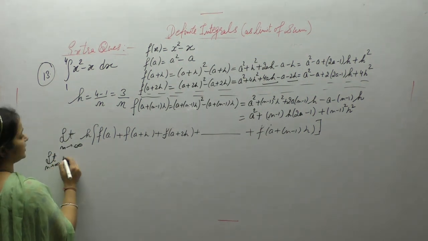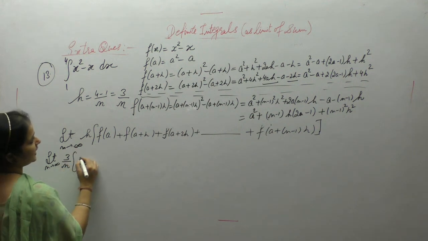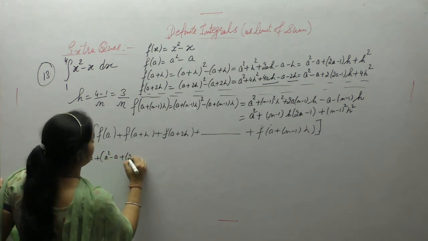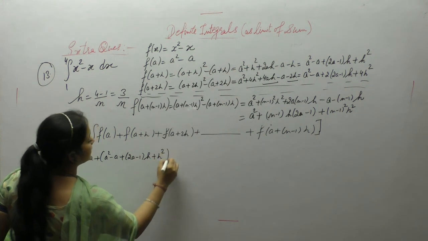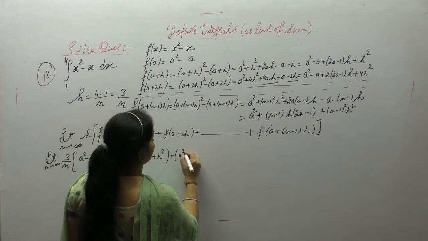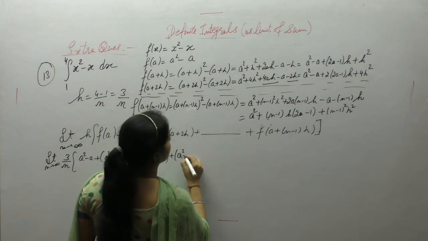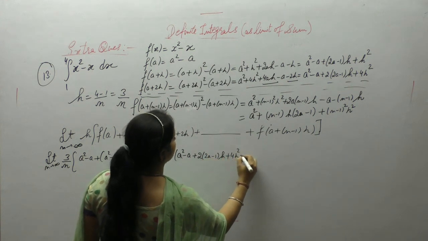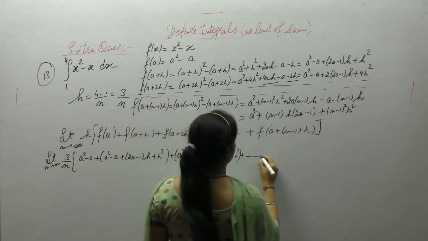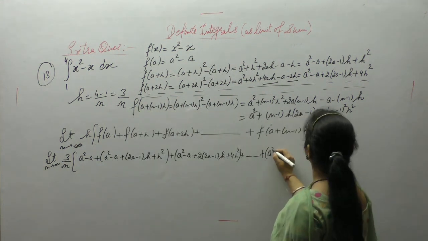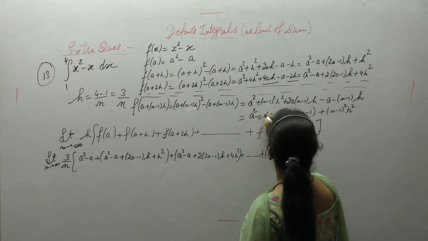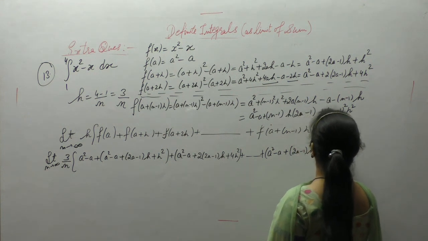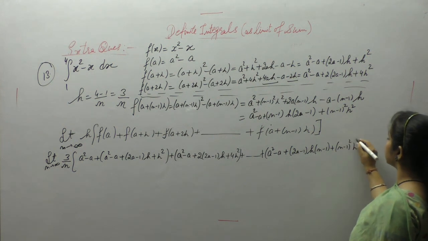Limit n tends to infinity, h is 3 by n, f of a square minus a plus a square minus a plus 2a minus 1 into h plus h square, plus a square minus a plus 2 times 2a minus 1 into h plus 4h square, and so on up to a square minus a plus 2a minus 1 h n minus 1 plus n minus 1 square h square.